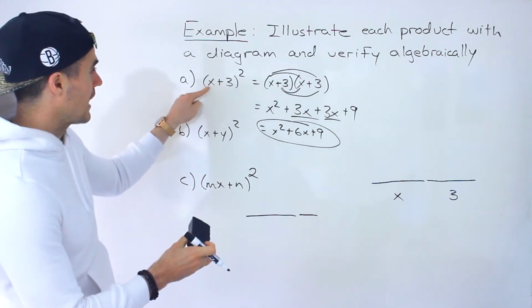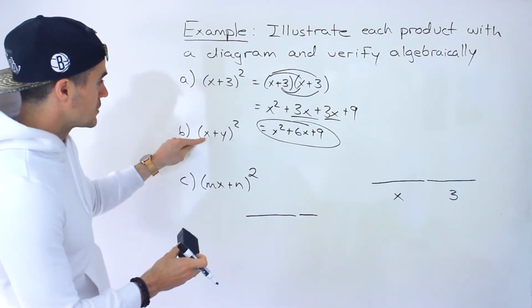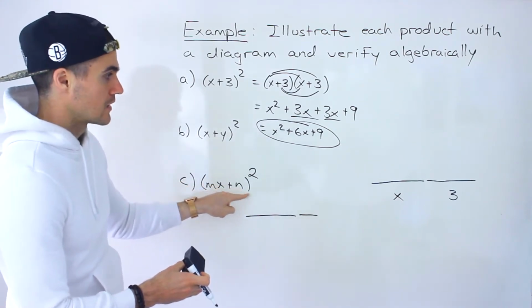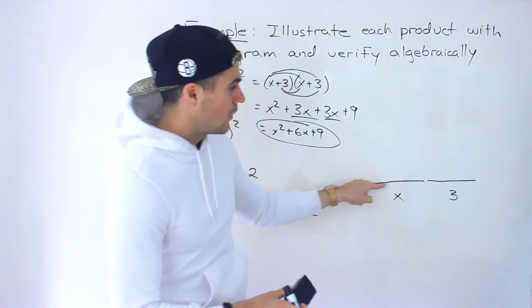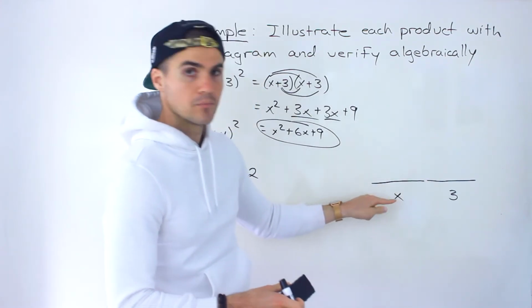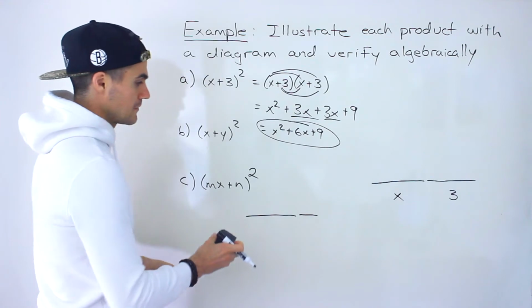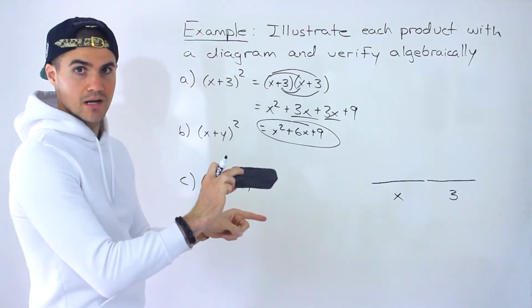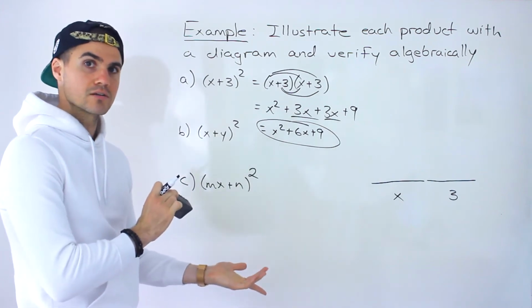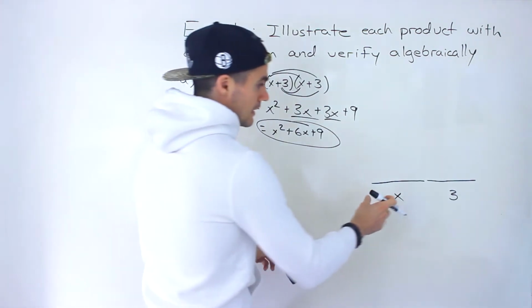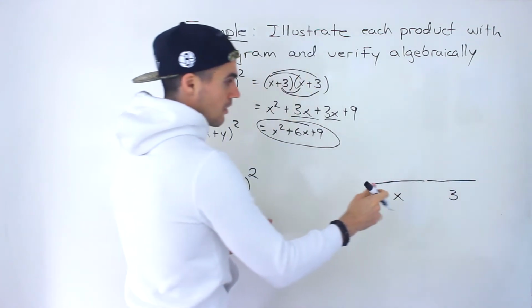Here we're given the x and the 3, but over here we're given x and y, and over here m x and n. It doesn't matter what length you're using, as long as you label both of them with whatever the terms should be. So just a heads up that these diagrams are different than the algebraic tiles I've done in previous videos. The process is the same, it's just that the references are different.